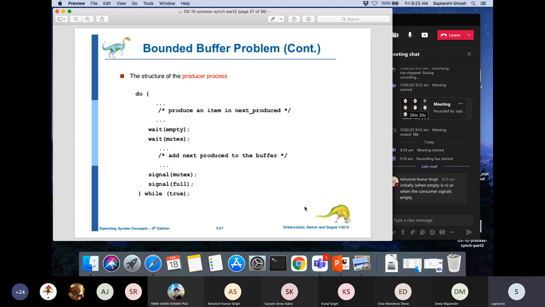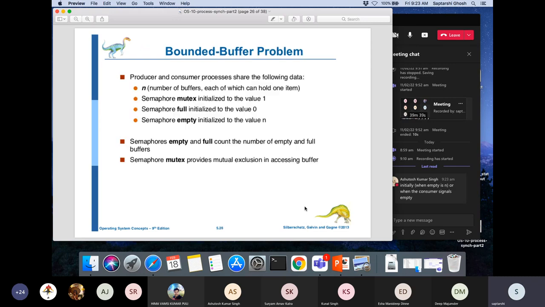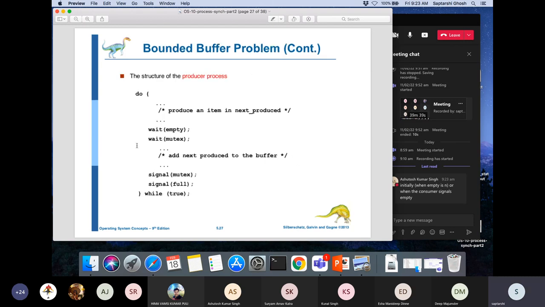Exactly. Shashutosh has given the right answer. We said empty has been initialized to n, right? So for the first n items, the producer will be able to wait directly. Even if the consumer is not consuming anything, the producer will be able to get the semaphore empty n times at least, because there are n empty buffers.